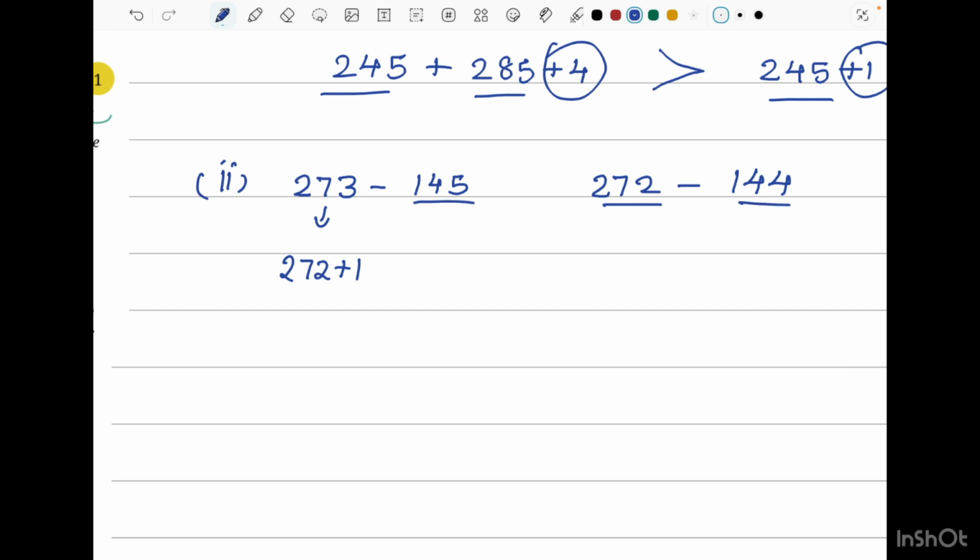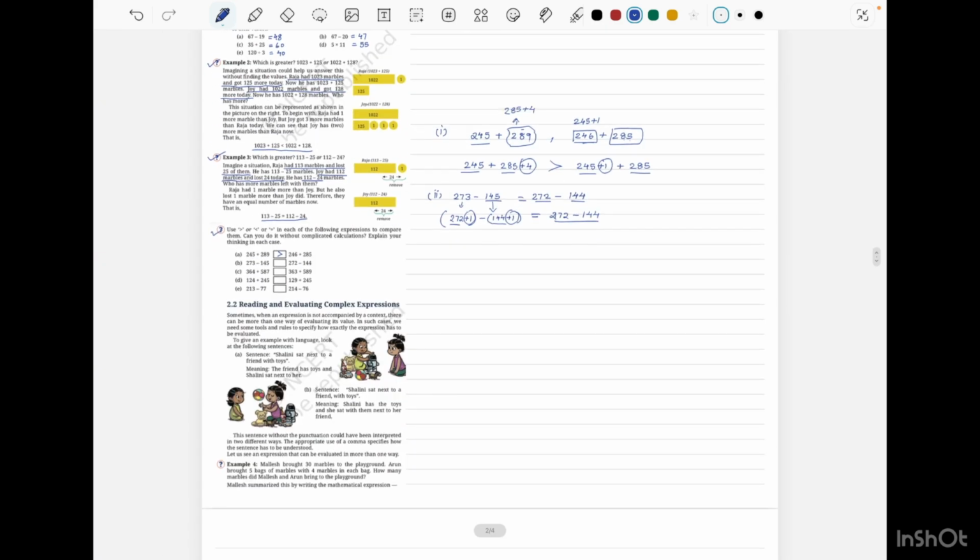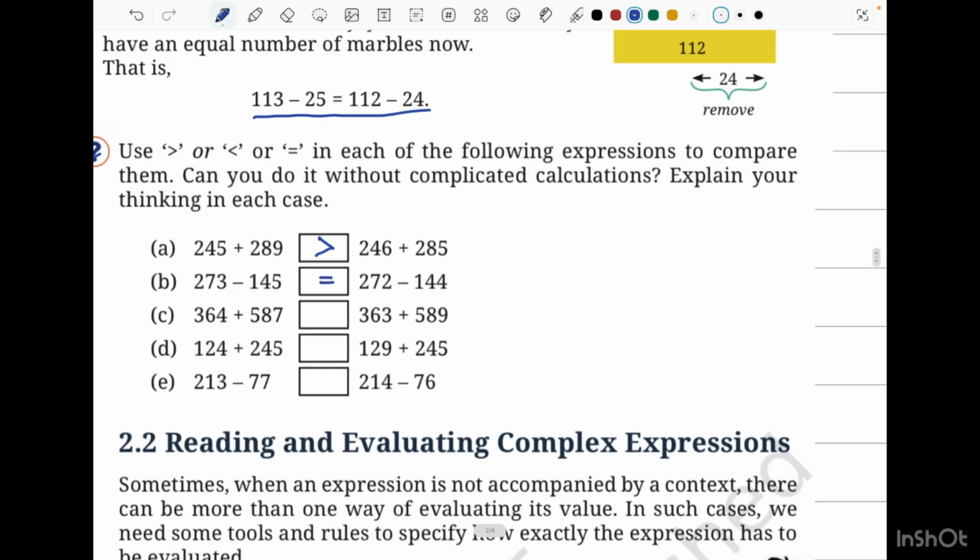And here this one is greater, so we can split the number as 144 plus 1. And here 272 minus 144. So here also these two subtractions are the same on both sides. Also here 1 is there and we are subtracting 1 again. So the answer will be equal. So the sign is equal.